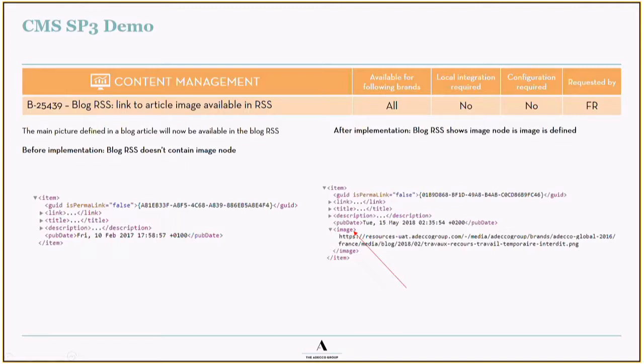Let's go to the next user story, which is also related to the RSS of a blog and also requested by France, which is to be able to have the main article image available in the RSS, because it's not the case right now. So, Sourab, if you could demonstrate that. Sure.